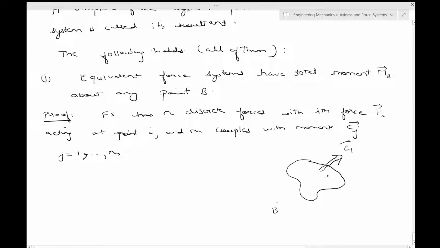This is the point 1 which has a force F1. Then you have a point 2 for example which has a force F2, and then this can have a couple C2.